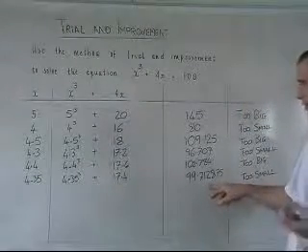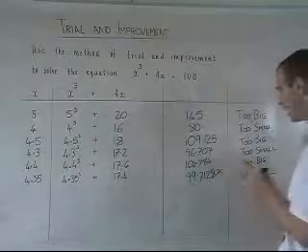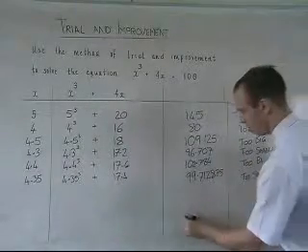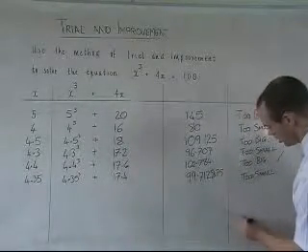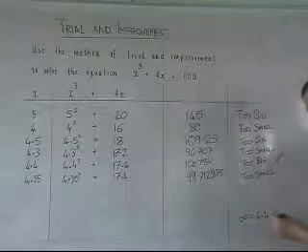So this means that we want to go for the one above it, which is 4.4. So our x value equals 4.4 to 1 decimal place.